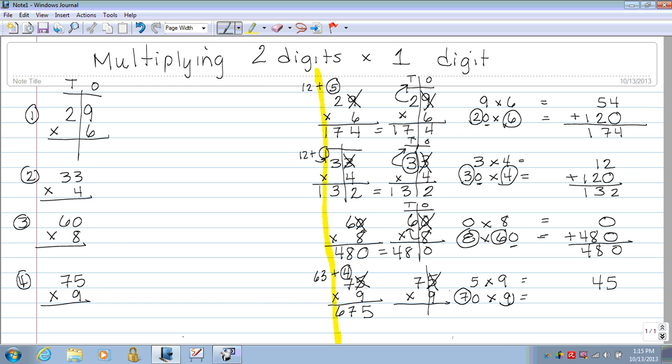And I know that 9 times 7 is 63. And then I add my 0. Now, before you add those up, please be sure you have all your numbers in the correct place value, because if you don't, they will not add correctly. 5 plus 0 is 5, 4 plus 3 is 7, and 0 plus 6 is 6. So I get the same product of 675. Push pause to write your notes.